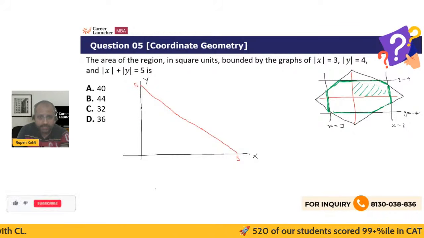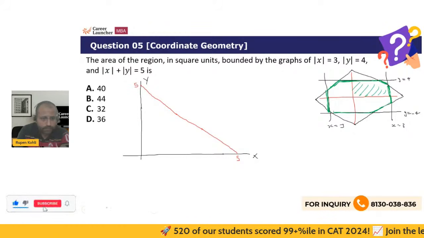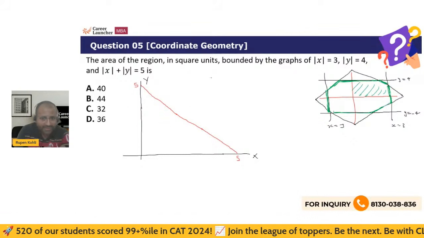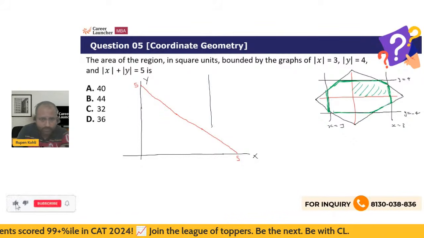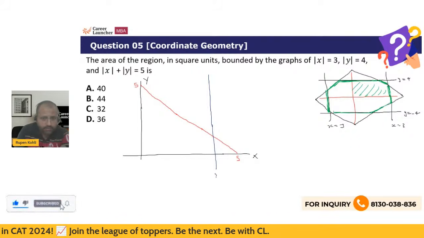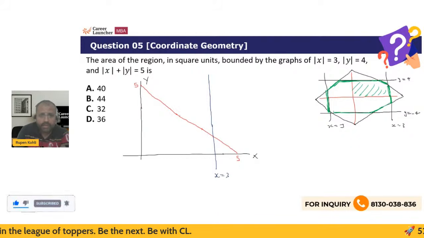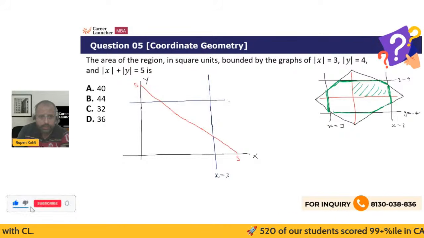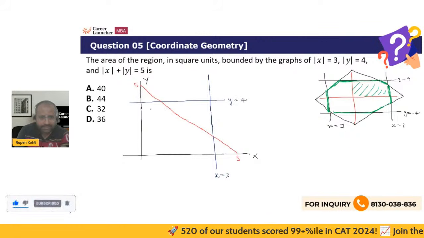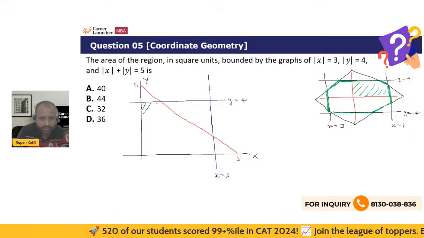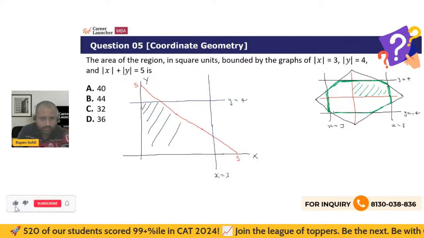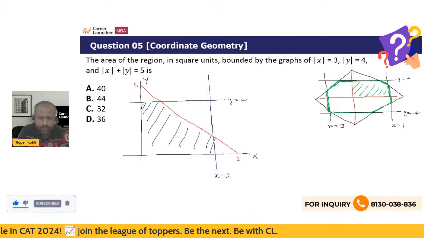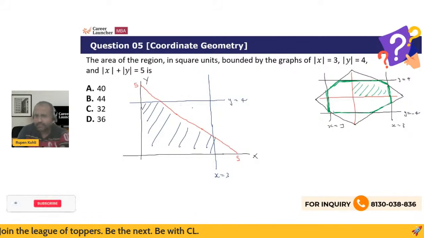And then this vertical line x equal to 3, and the horizontal line y equal to 4, right? So basically this area, let me again shade this, right? This area. So obviously that is the area of this kind of almost square, this one, minus this triangle, that would be easiest to do, right?